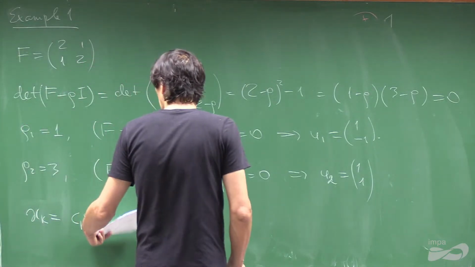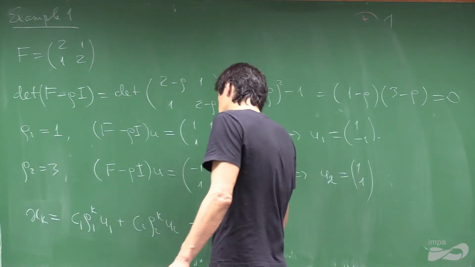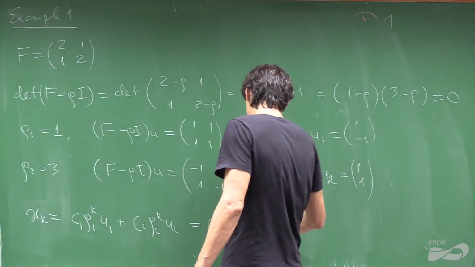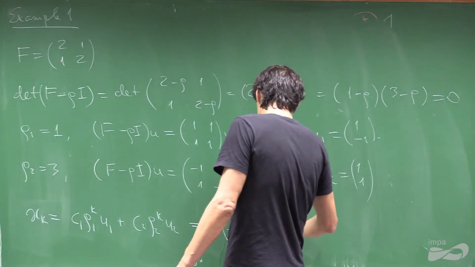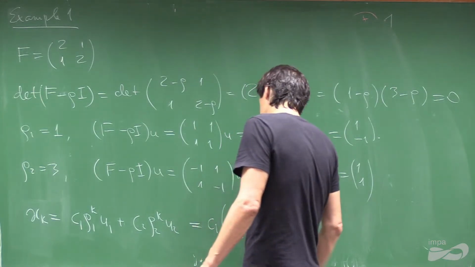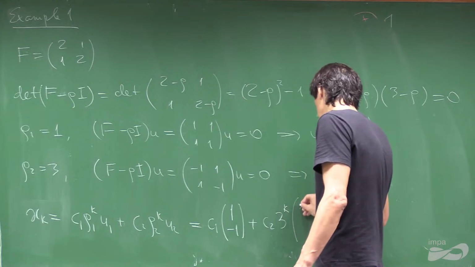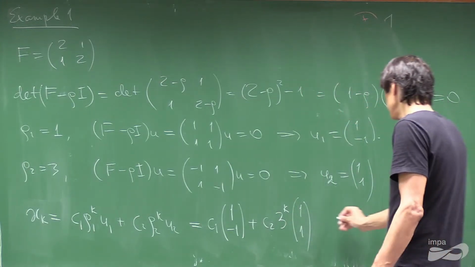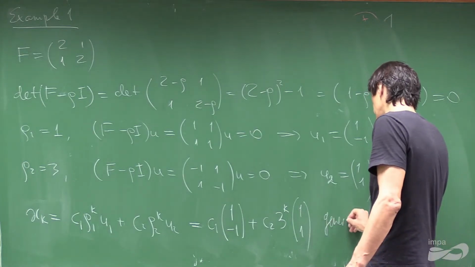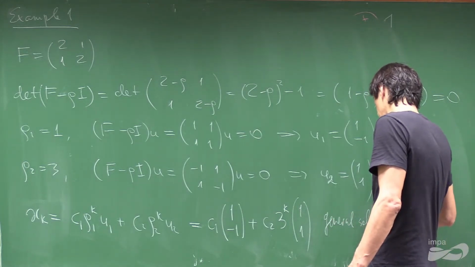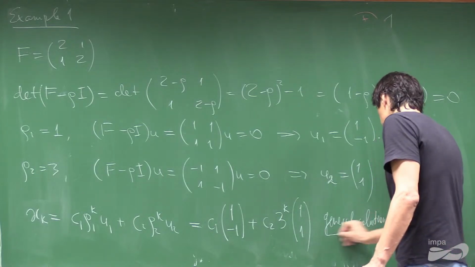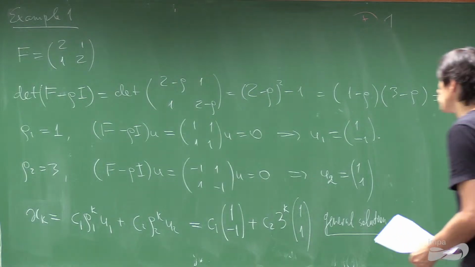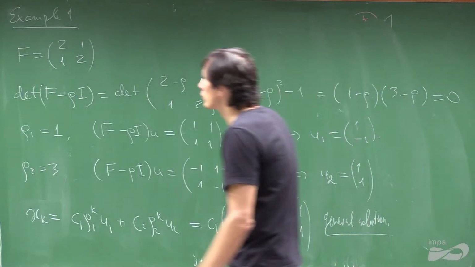Now remember that rho 1 is 1, so it's just C1 times the vector 1, minus 1, plus C2 times 3 to the power k times the vector 1, 1. So that's a general solution of the discrete time system.